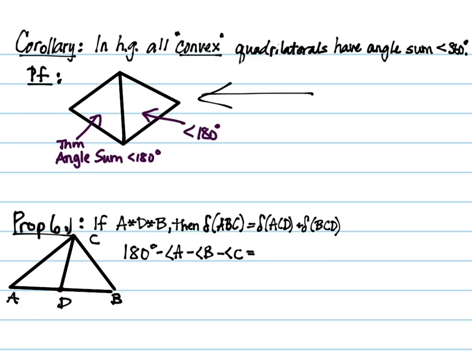On the right-hand side, then, I have the different smaller triangles. So I have 180 minus, well, I've got angle A still, right? So that's good. But now I've got angle C, and it's a smaller angle C, and I've got an angle D, and it's a smaller angle D. So angle C that I have for triangle ACD would be angle ACD specifically.